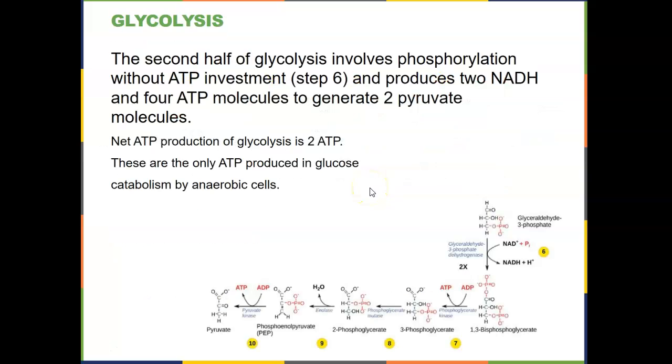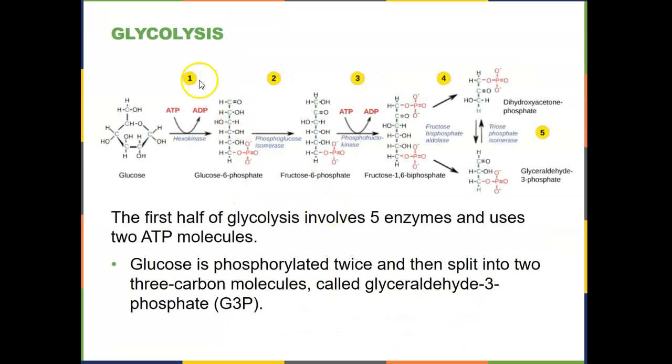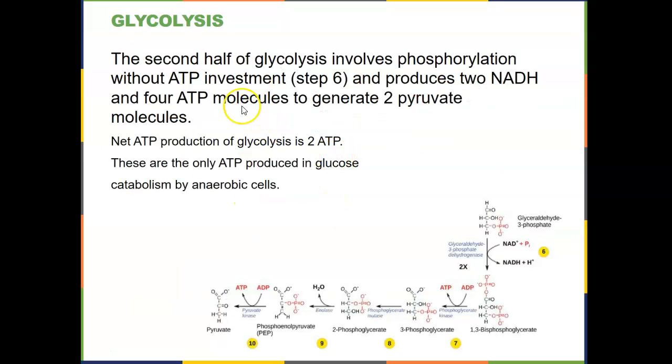So that's something that gets a lot of students right here. Each of those runs through this pathway right here. So one half gets you 2 ATP. The other half of the glucose running through here gets you 2 more ATP for a total of 4 ATP. But remember, we spent 2 right here, so that's why it's a net production of 2 ATP in total. You'll have to go back over this a few times.